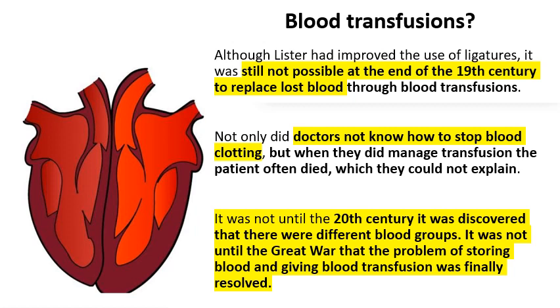Okay, and it wasn't really until the Great War, when we've got millions of people killing each other and doctors trying to save lives, that the different types of blood are identified and experiments are done to separate the different components of blood and to be able to store them on ice and to stop them clotting. It wasn't until the Great War in the beginning of the 20th century that particular problem was resolved.